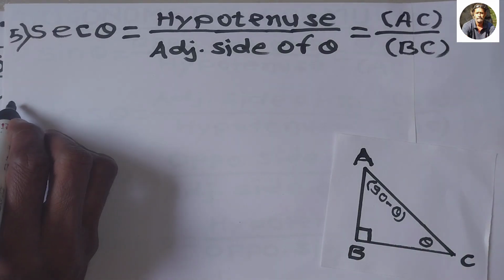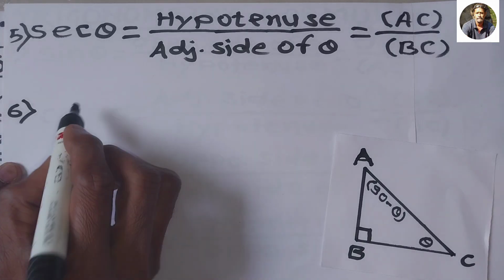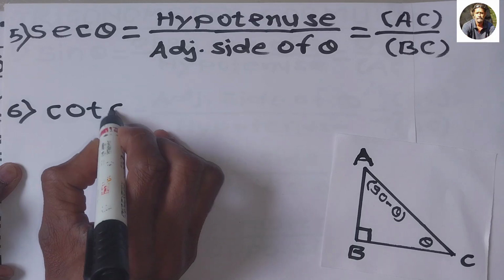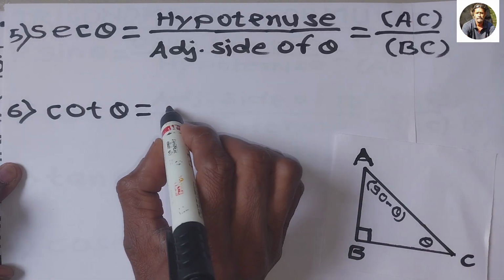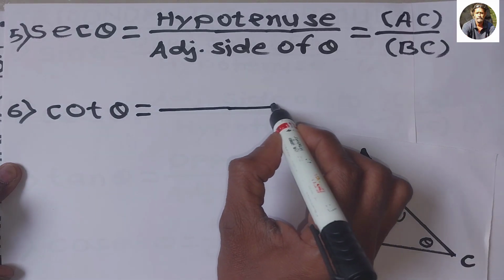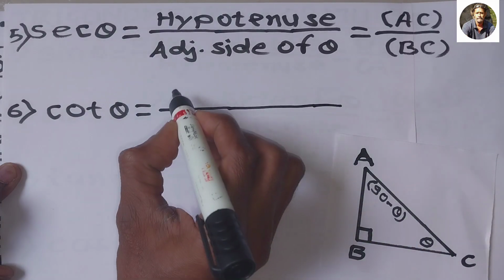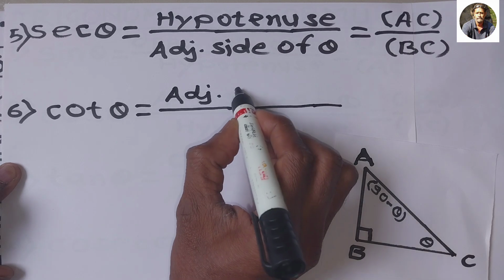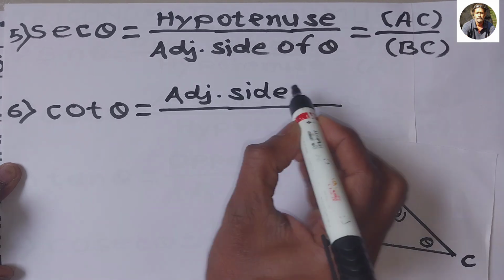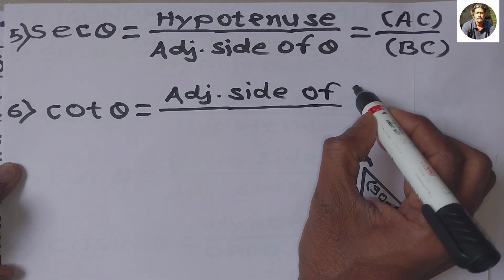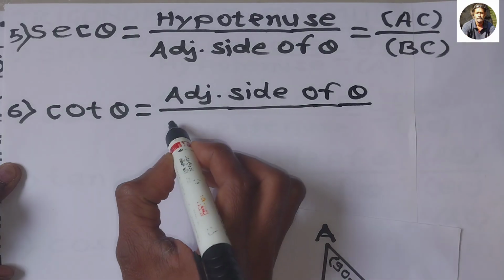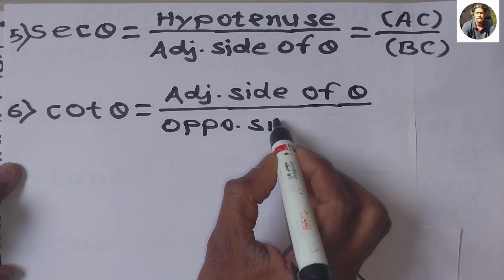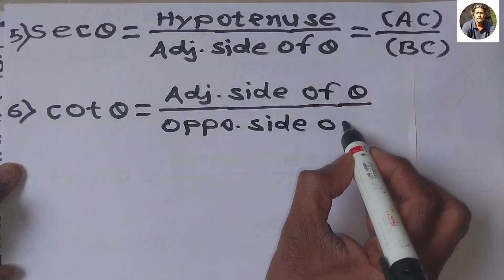Then sixth, that is cot theta. Cot theta, that is multiplicative inverse of tan theta. That is cot theta is equal to adjacent side of theta upon opposite side of theta.